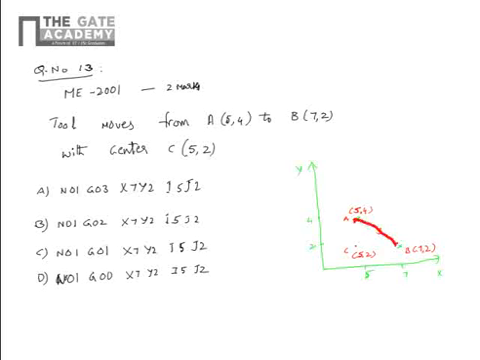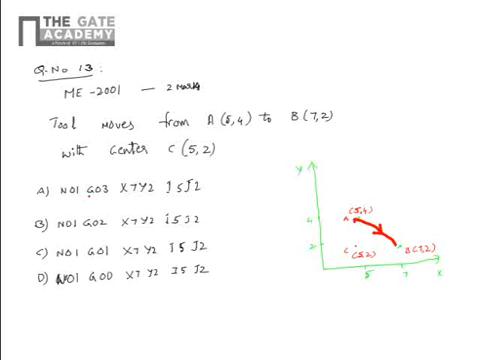So what is the correct G code? If you look at the movement, the tool is moving in clockwise rotation, so look at the options which satisfy that. In every option N01 is there, which means it is the first operation. 7 comma 2 is the end point, and I5 J2 gives the center 5 comma 2.